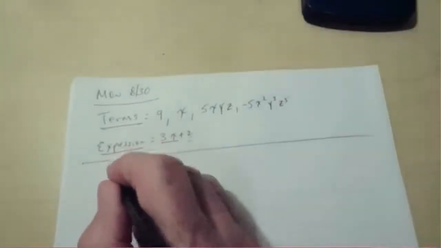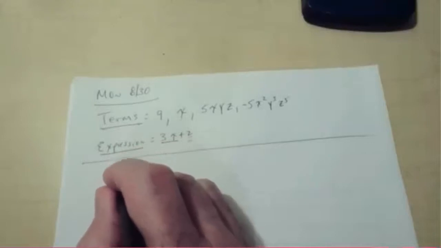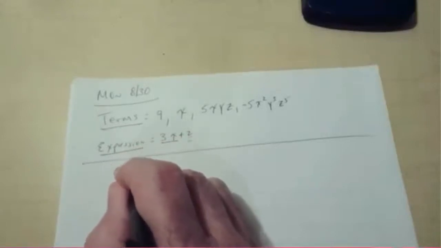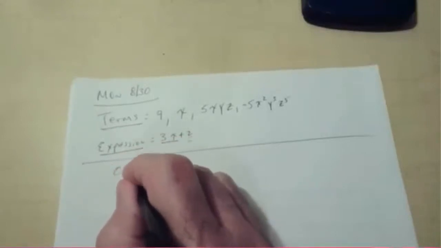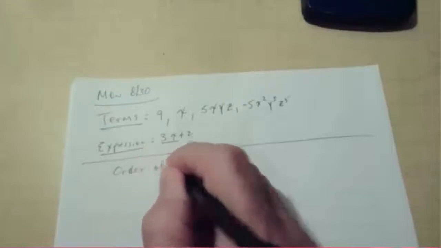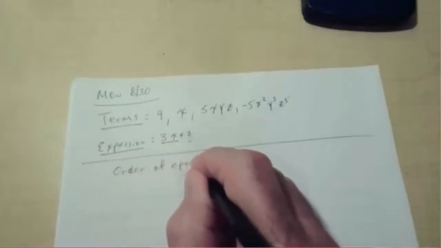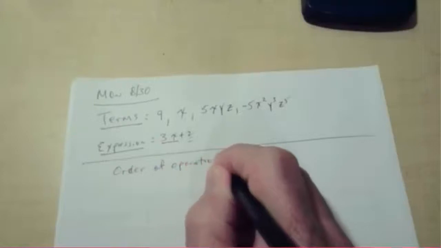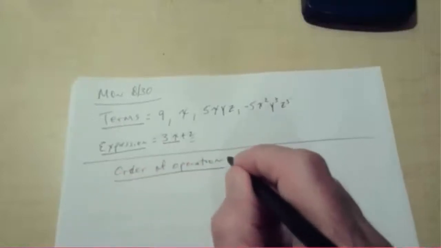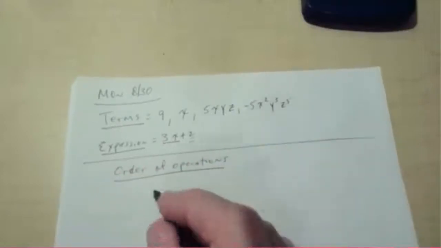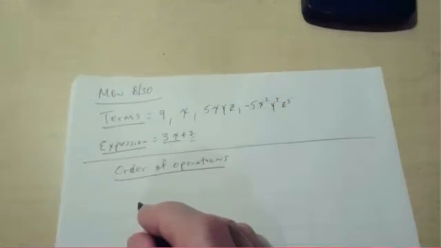Now, order of operations, probably the most used. This is probably one of the most used things we do in mathematics.